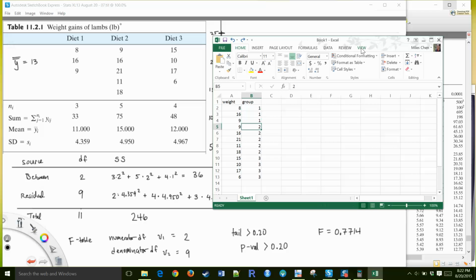Okay, so anyway, I'm going to just save this as a CSV file on my desktop here, and we'll call this lambs.csv. I hope this works.